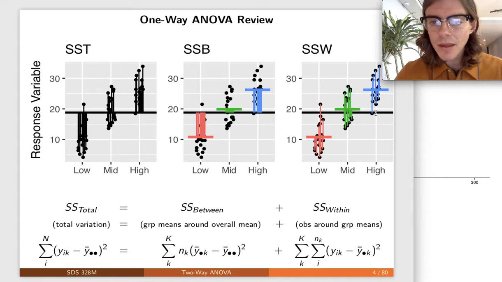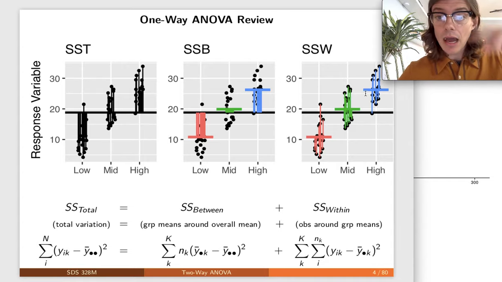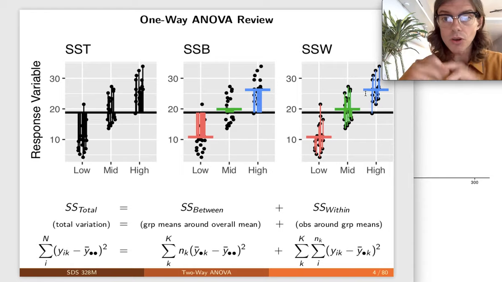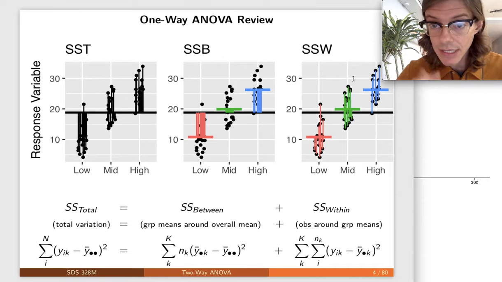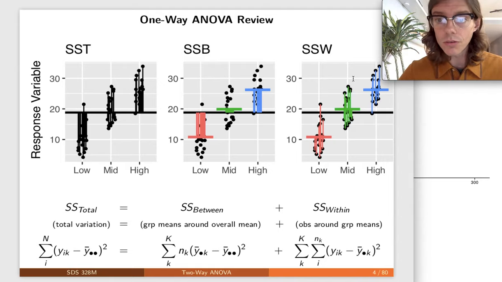Cool. To calculate the sum of squares within, or the sum of squares error, this is just the noise, right? This is the scatter of the points around their own group mean. Once we know the group mean, this is what's left over, what we can't explain. So it's very similar to sum of squares total, except instead of taking the difference between each data point's tooth growth and the overall average tooth growth, you take the difference between each data point's tooth growth and the mean for its group.